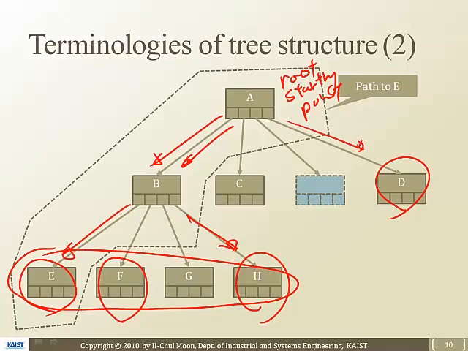Here, I want to ask one more question. Is there more than one way to get to any of these nodes? Does any node have multiple paths? Your answer is no, right? Each node has a unique path.